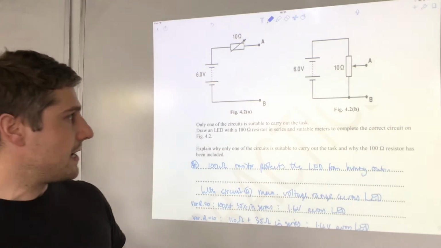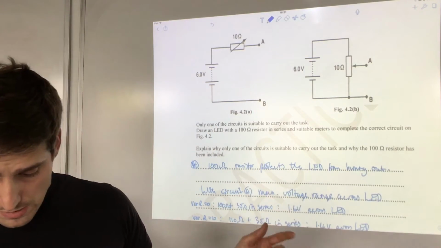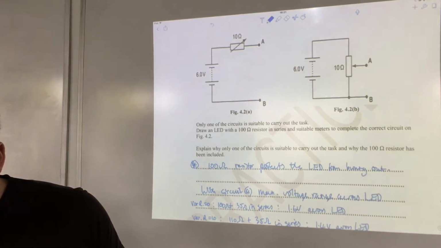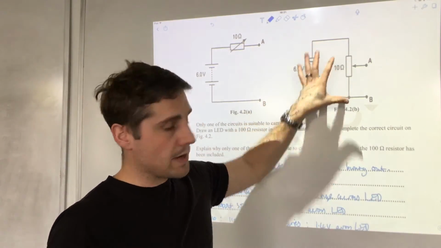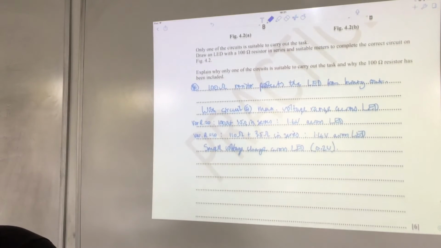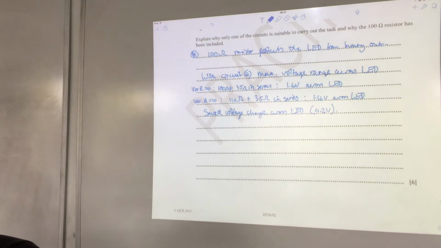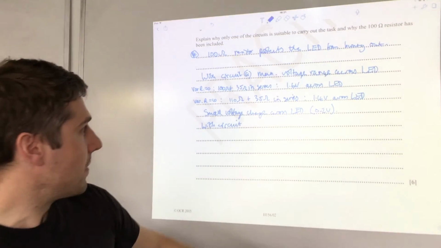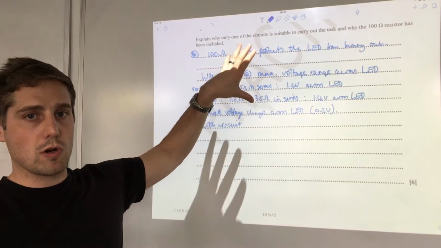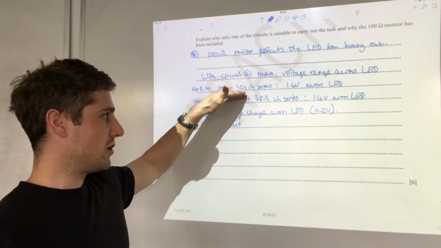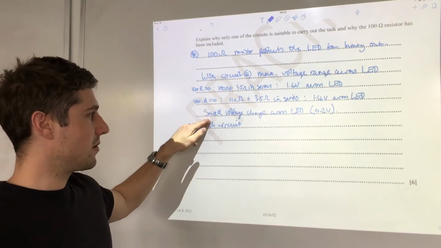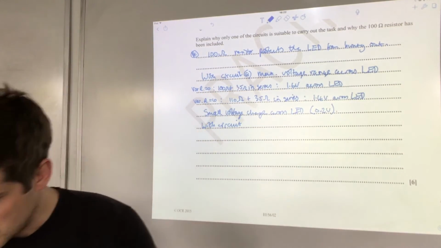The resistance of the LED is 35 ohms. What I've done here is I've explained the action of circuit A by looking at what the range of voltages across the LED is. I'm going to do exactly the same thing with circuit B.